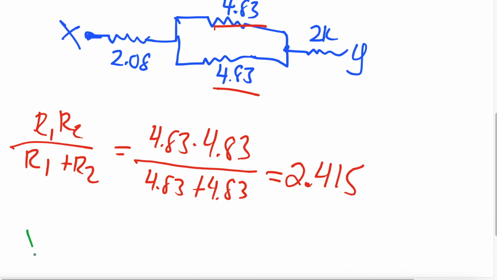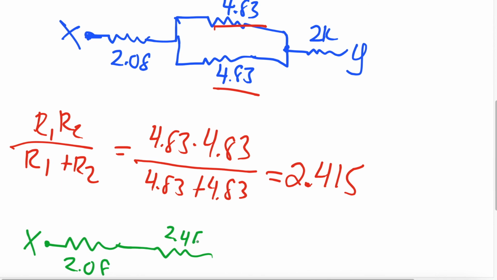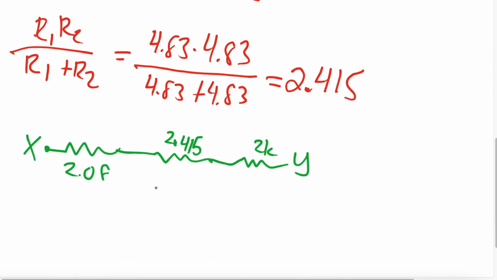And then essentially our circuit becomes this. We've got our X over here. We get 2.08. Then we get a straight line, and this then becomes 2.415. Then we get another straight line, and we have our 2K to end it off, and then our Y. So essentially, between X and Y, we have all these series resistors, all in one straight line with no nodes in between them.